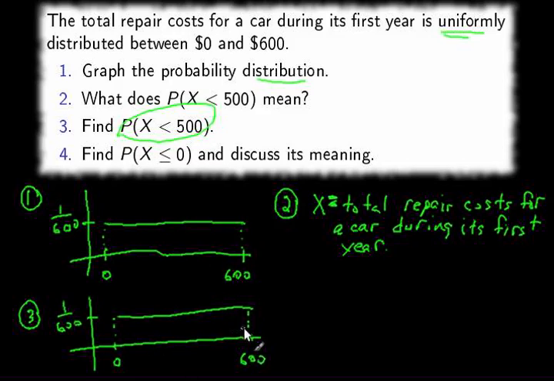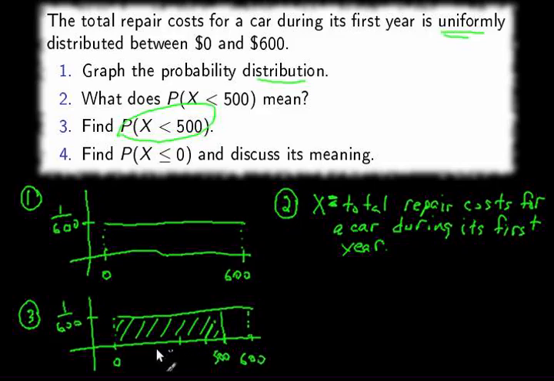If this is 0 and 600, then let's say that must be 300, 400, 500. So 500 is right here, and the probability that x is less than 500 is exactly the area of this rectangle here. So the area of this rectangle represents that probability.